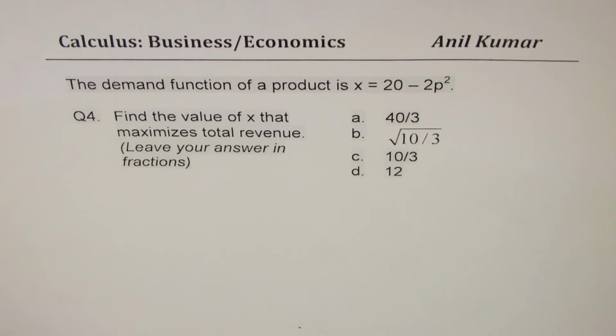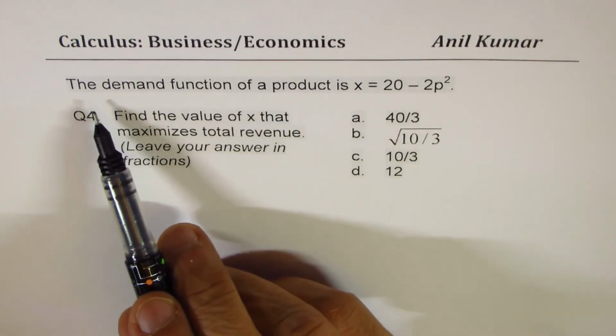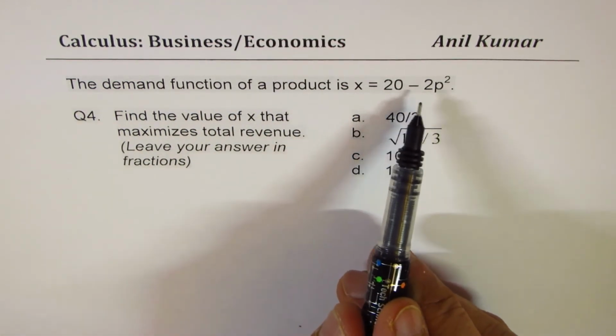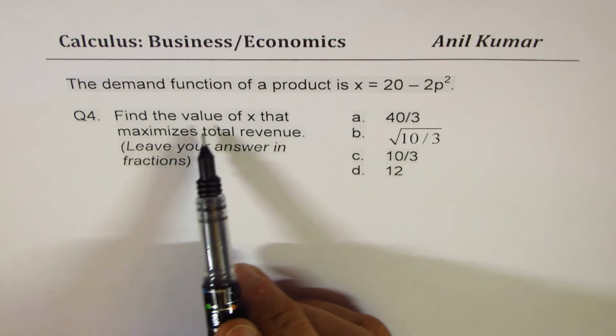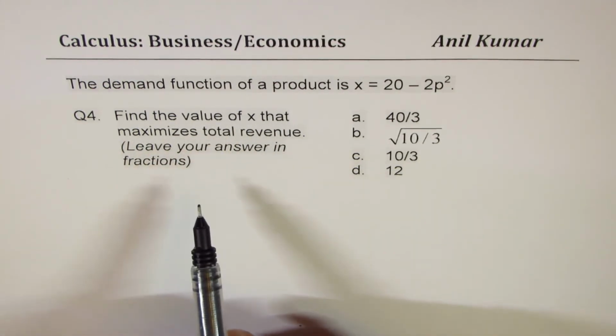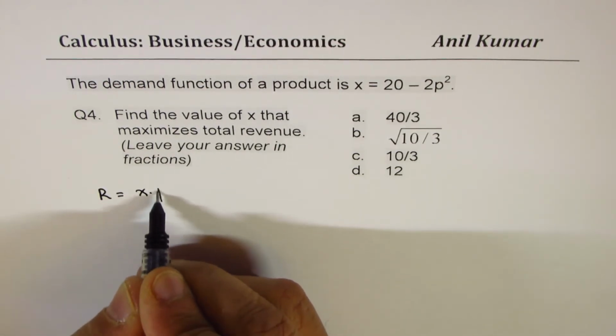Now we'll do question number 4, which is regarding revenue for the same function. The question here is, the demand function of a product is x equals 20 minus 2p squared. Find the value of x that maximizes total revenue. Now revenue is equal to x times p.